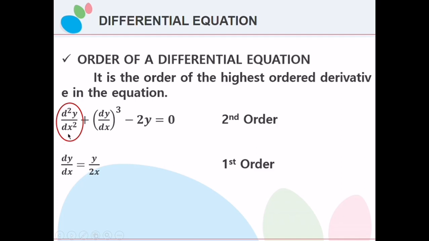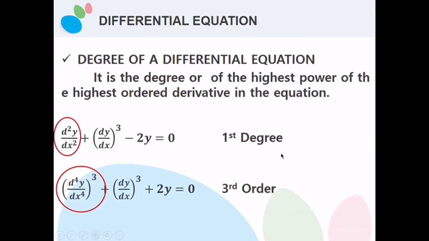Its order is the highest order derivative in the equation. So since it is the second derivative, we can say that this is second order. Our second equation is only a first derivative, so we can say that this is first order. Okay, so now what about the degree of a differential equation?